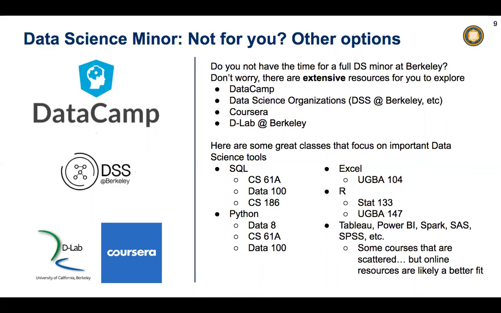And also, if you want to take some classes to improve different skills: for SQL, there's 61A, Data 100, or CS 186; for Python, Data 8, CS 61A, Data 100; and you can see the list for Excel and R. For the languages listed in the last bullet point, the resources may be scattered, but there are a lot of good online options.